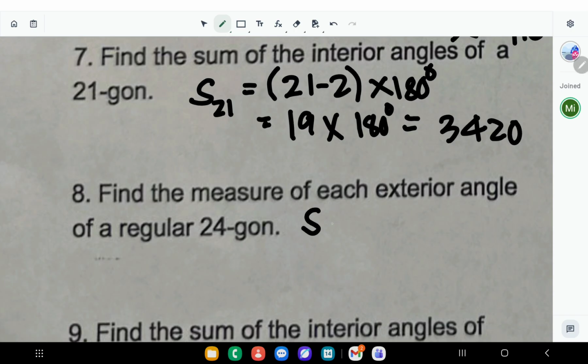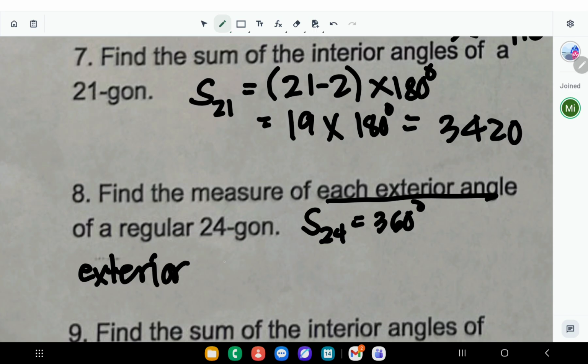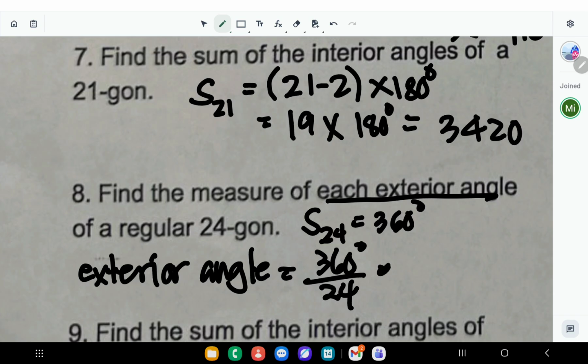Okay, so the sum is 360 degrees. But we are asked for the measure of each exterior angle. So what are we going to do here? Yes, 360 divided by 24. Okay, so 15 degrees.